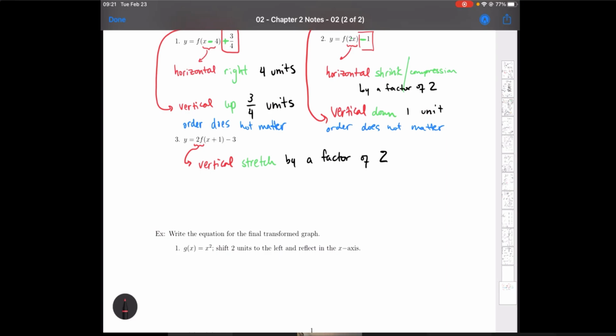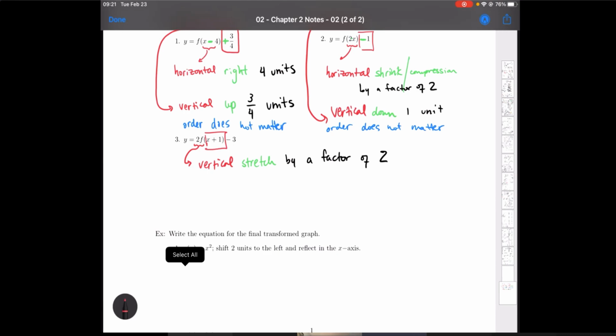So the 2 is already taken care of because we have the vertical stretch by a factor of 2, coming from the fact that the 2 is on the outside, which means it's affecting the y direction, and it's multiplication, which means that it's a stretch. So it leaves us with either the 1 or the 3. Which one do we want to take care of first? Oh, that's a 2. Sorry. x plus 1 is a horizontal shift to the left.